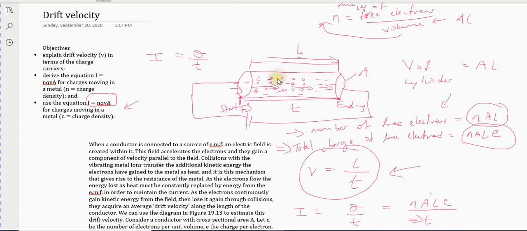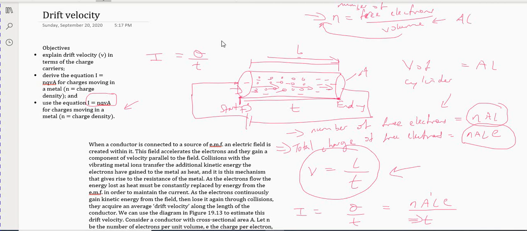we know that inside of this conductor there are numbers of electrons, so to speak, and in order for us to find out the number of electrons, we will have to look at the fact that there is a variable which we call n, and that variable n is the charge density.